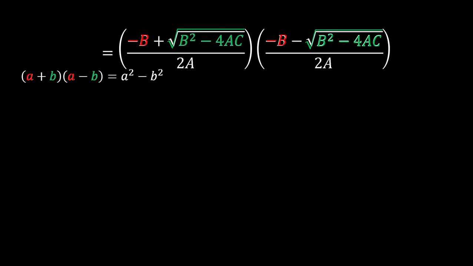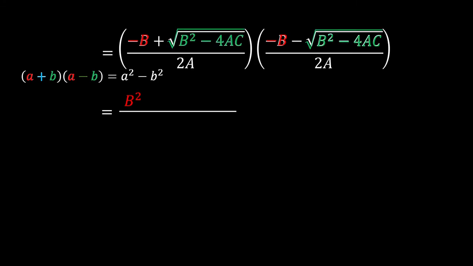So the result now will look like this. So negative b times negative b, or negative b, the quantity of negative b squared is positive b squared.